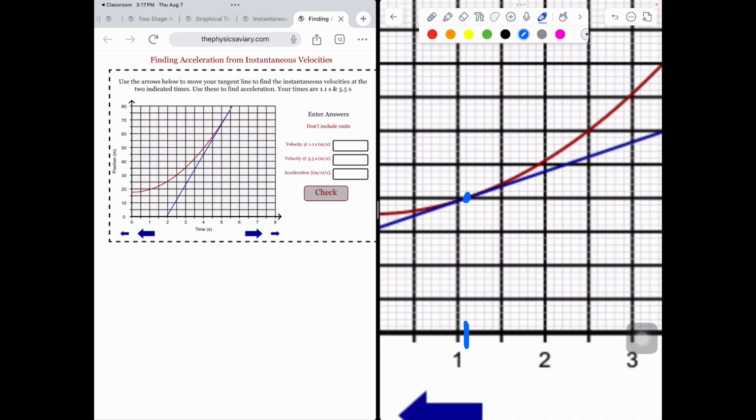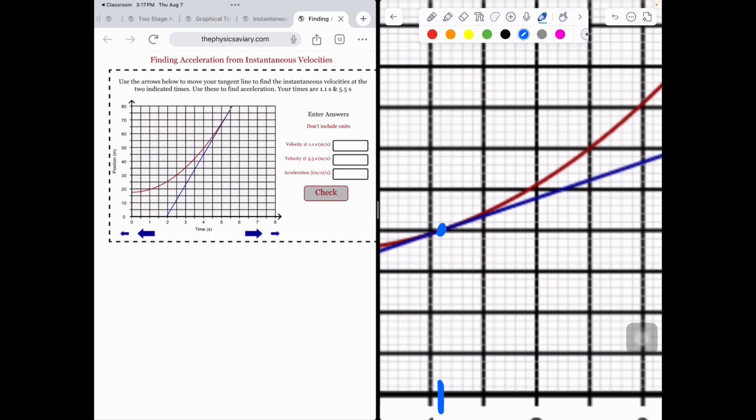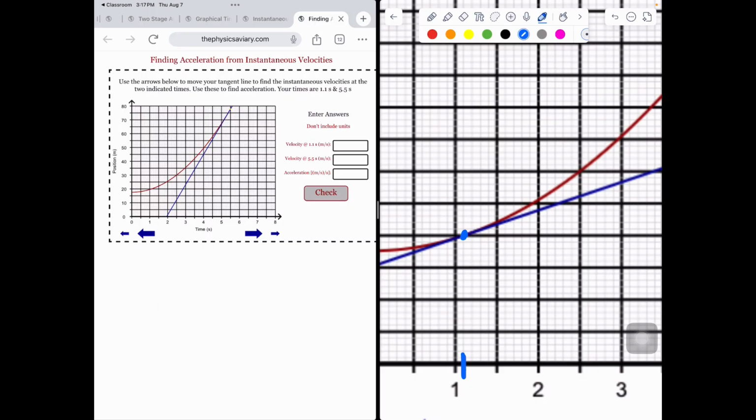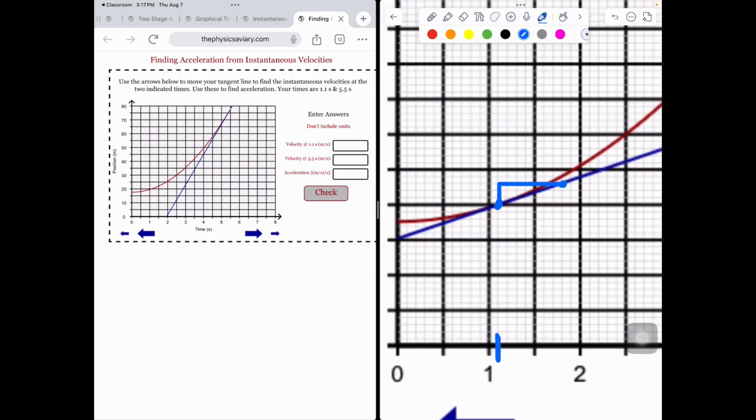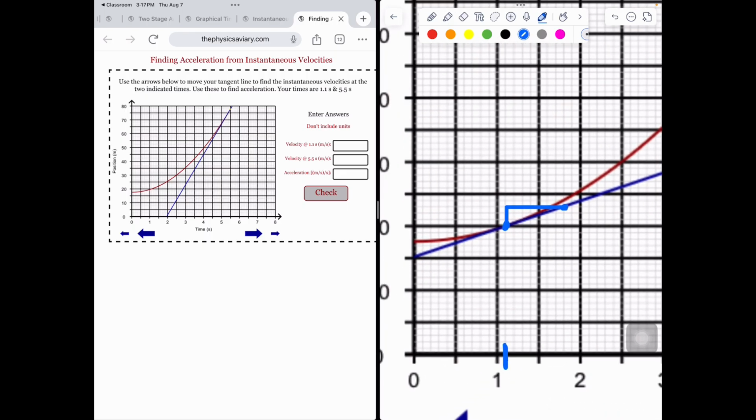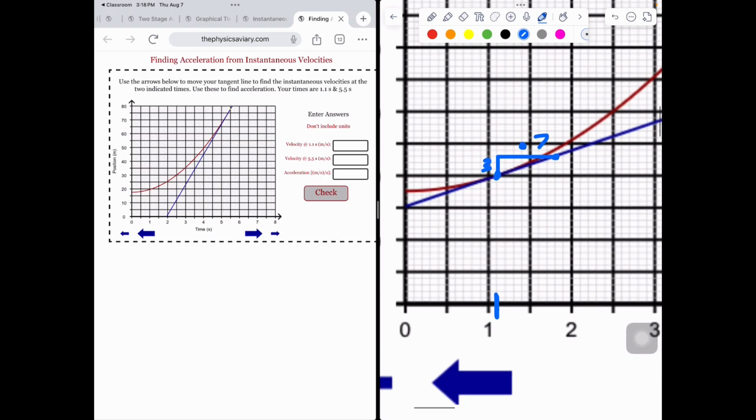That's a good point. And like this point here, that would make me go up 3 boxes and over. 3 boxes on this scale is 3 meters. Over, 1, 2, 3, 4, 5, 6, 7 boxes would be 0.7 seconds.